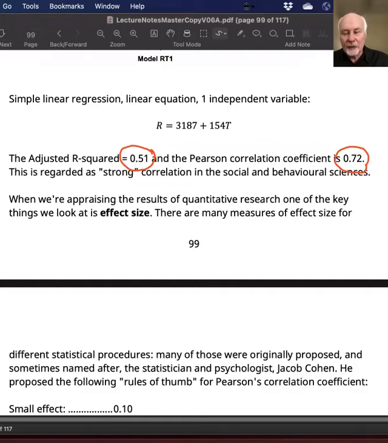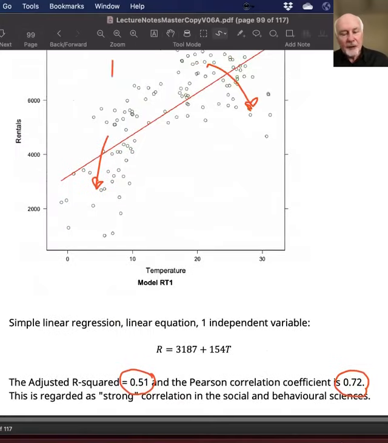That's important to look for because it gives you an idea of how much the independent variable explains about the dependent variable. So if the R squared is very large, the independent variable is a very good predictor of the dependent variable. If it's very small, not so much.